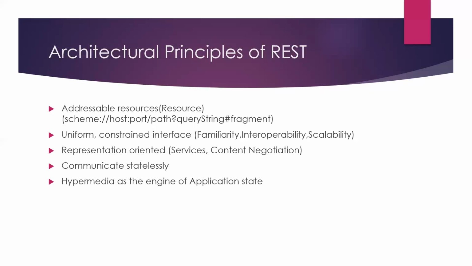There are three things: URI, URL, and URN. First we'll discuss URL and URN. There are two things: the first is location, and the second is if you are trying to access anything through its name.